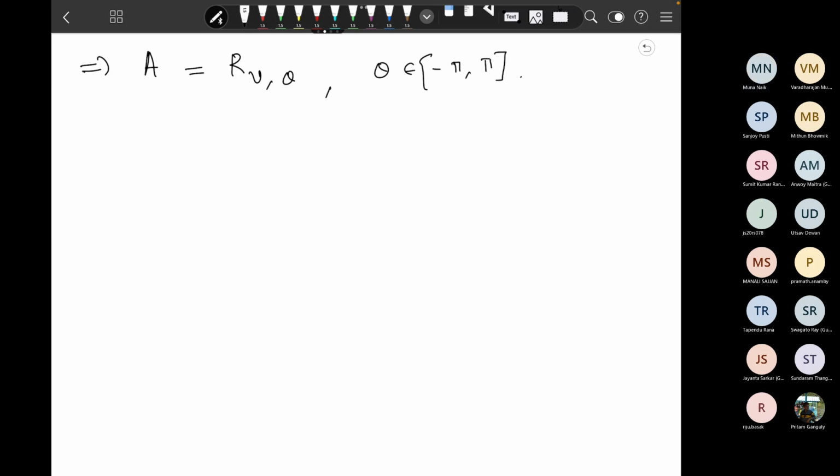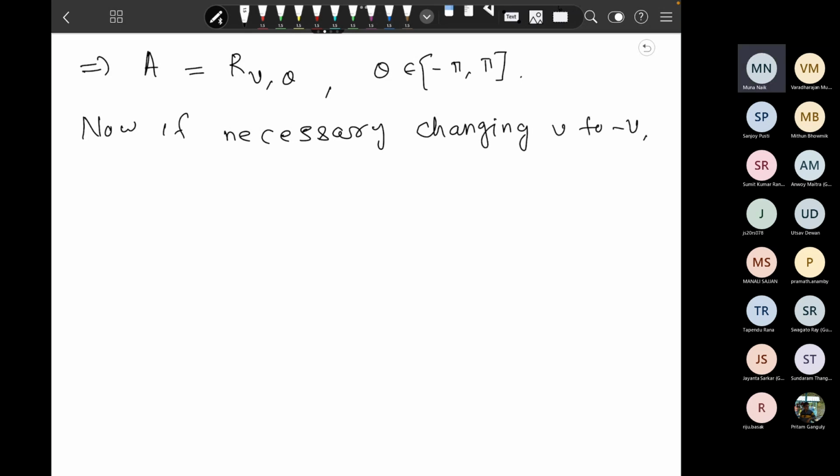Now, if necessary, changing B to minus B, we assume that theta belongs to 0 to pi. This implies F is onto.